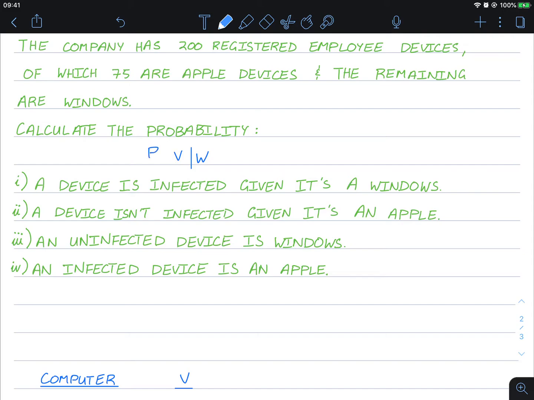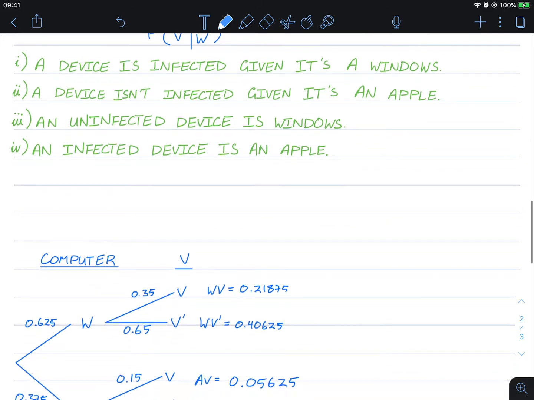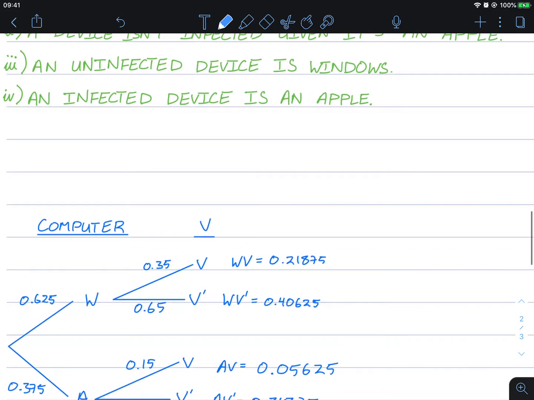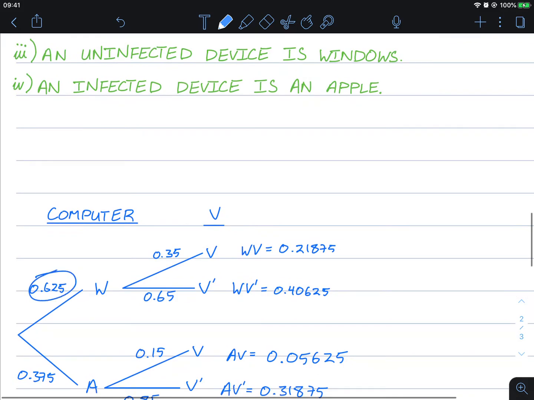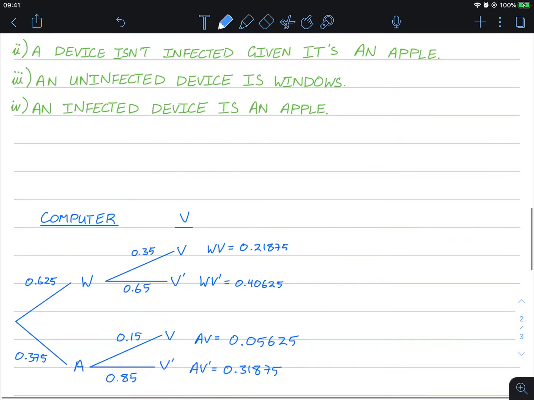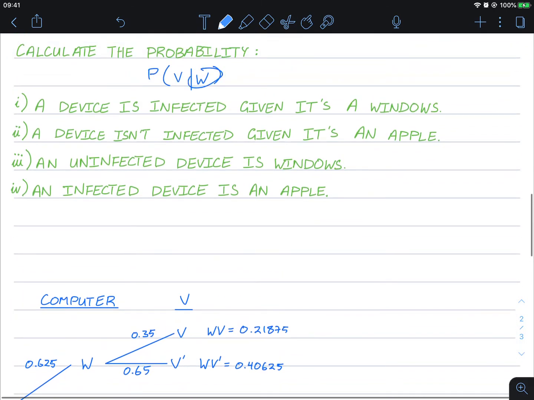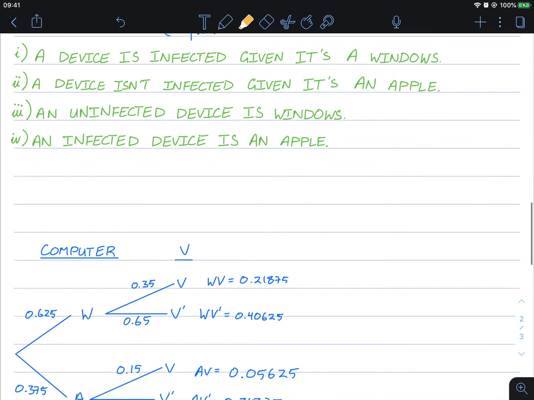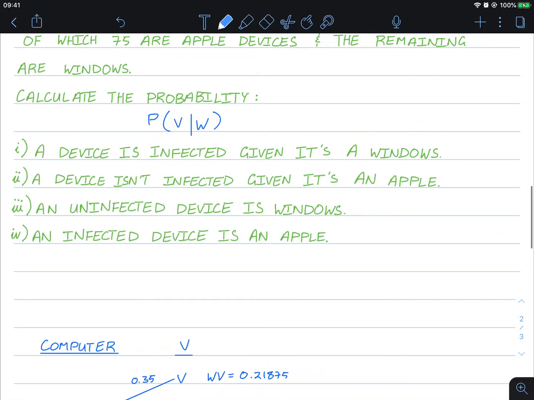The total of the Windows is 0.625. That becomes our sample space. Remember, given it's a Windows, we only want all of Windows.